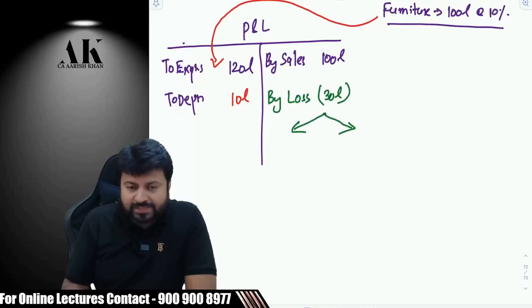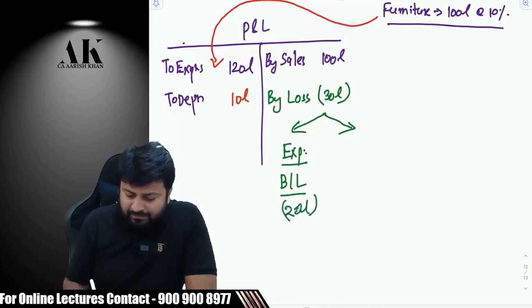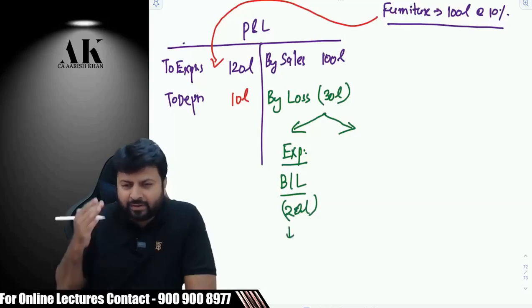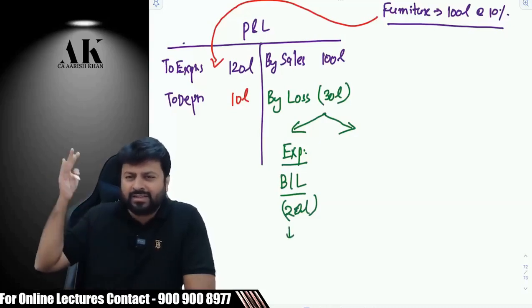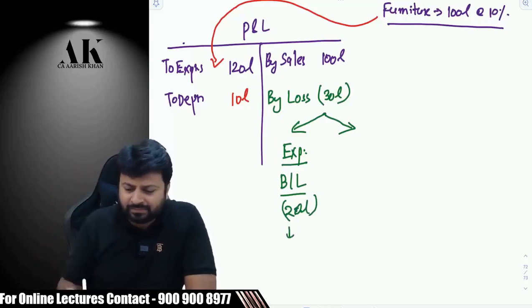The loss which is coming because of the expenses is called business loss. Yes or no? Have we done this or not? So how much loss is coming because of expense? 20 lakhs, right? And this will be set off and carried forward as per the provisions of sections 70, 71, 72, something like that.